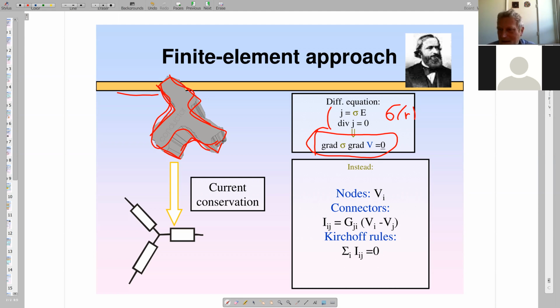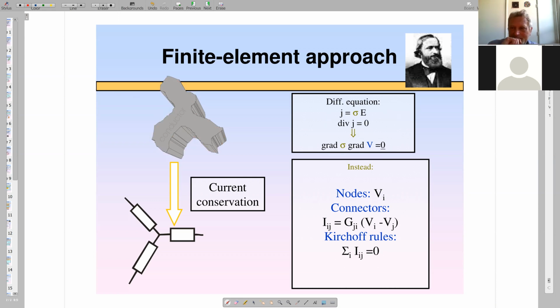Right. Seemed to be no way about, and this closed circle, kind of vicious circle, has been broken by this guy, whose name is Gustav Kirchhoff.